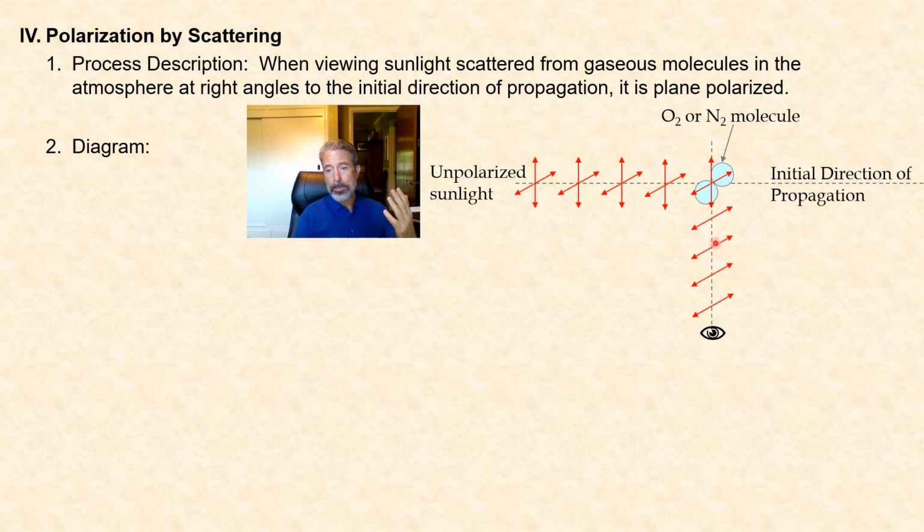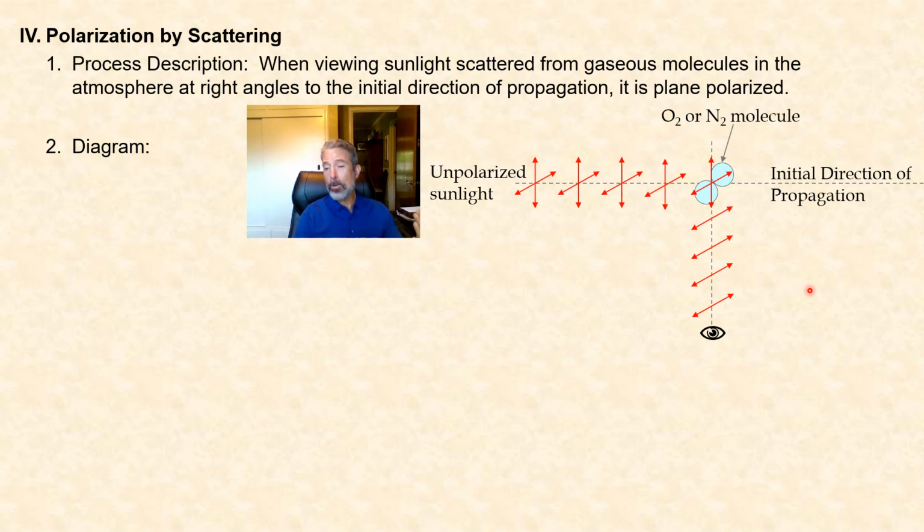We'll state this formally in a second, but this should remind you a little bit of what we saw with polarization by reflection. When unpolarized light got absorbed by the surface and then re-radiated, there was a certain angle for which that reflected beam became completely polarized.